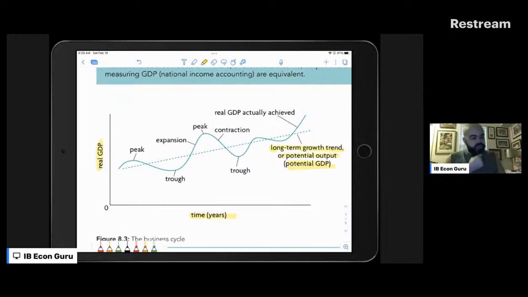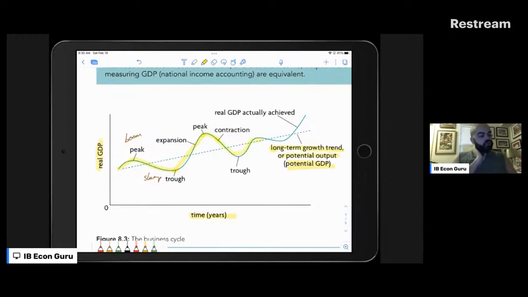There are fluctuations. The economy goes through periods where economic activity peaks. You could call this a boom. Then it starts to slow down, and it goes through a trough where you have a slump in economic activity. And then you have periods of expansion. This expansion peaks, and then economic activity contracts, and so on.